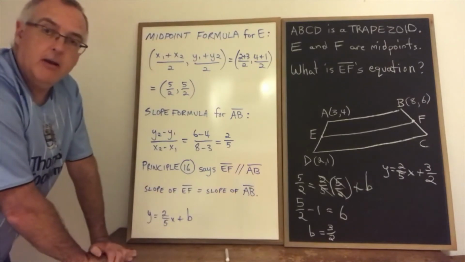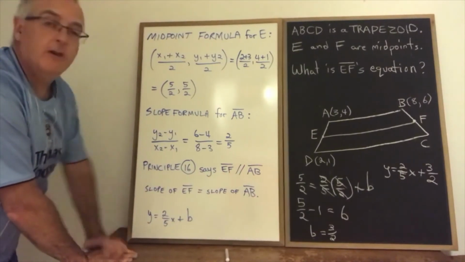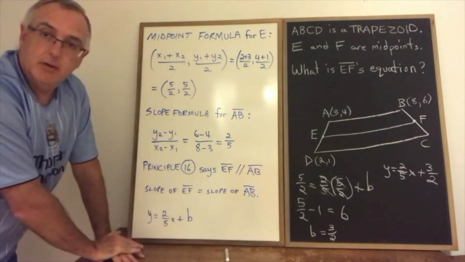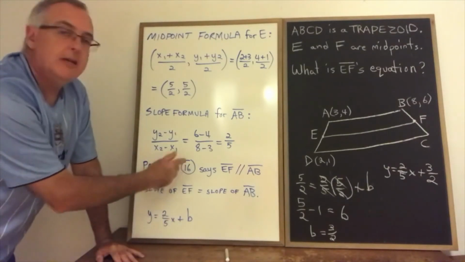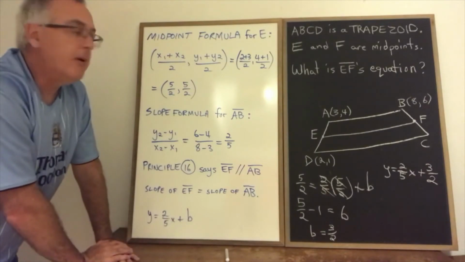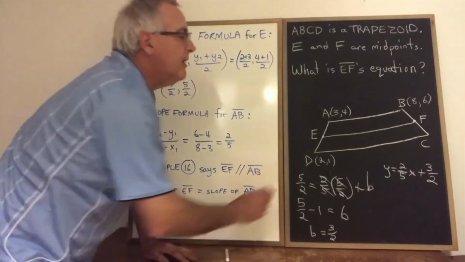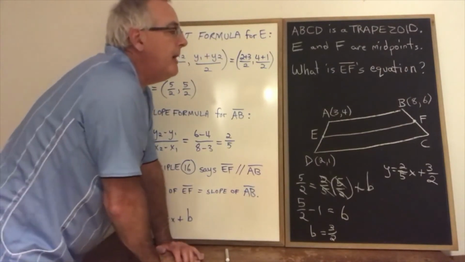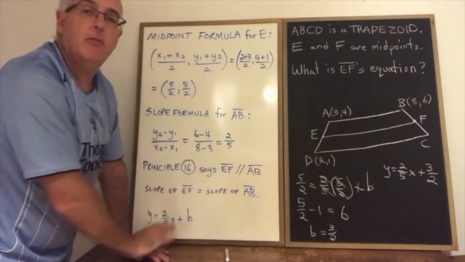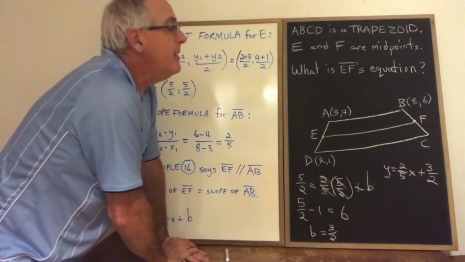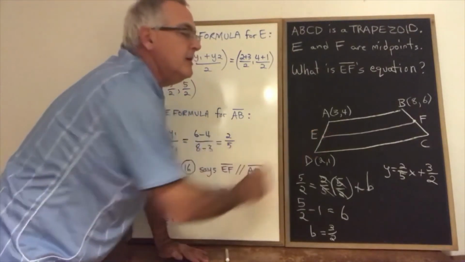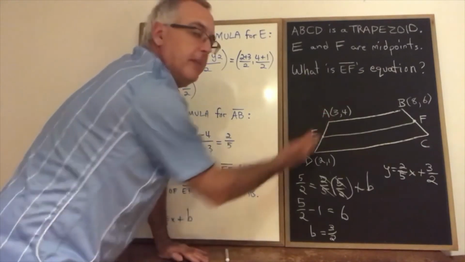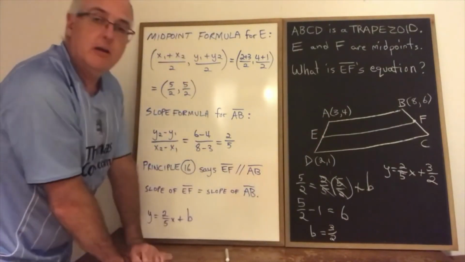Now, keep in mind that in the math course I'm preparing this video for, which is called Math 4273, we have a list of principles and theorems, and principle 16 is this one that I described about the trapezoid. It says that the line segment connecting the midpoints of the two non-parallel sides has to be parallel to the bases, which is the part of the theorem we used here, and the length of that line segment has to be equal to 1/2 of the sum of the bases, which is a part of the theorem we didn't use here.